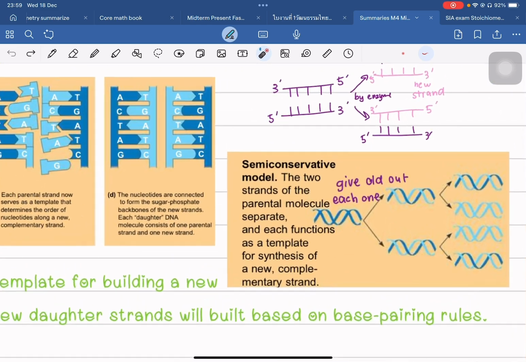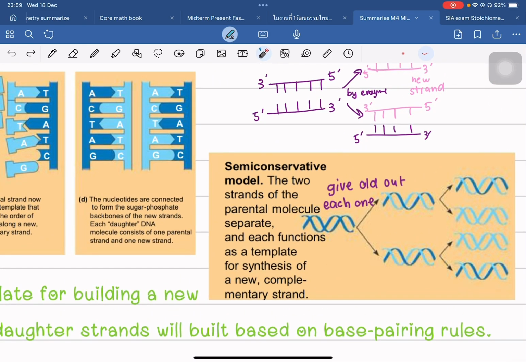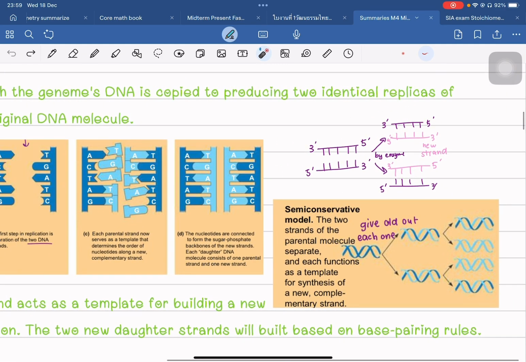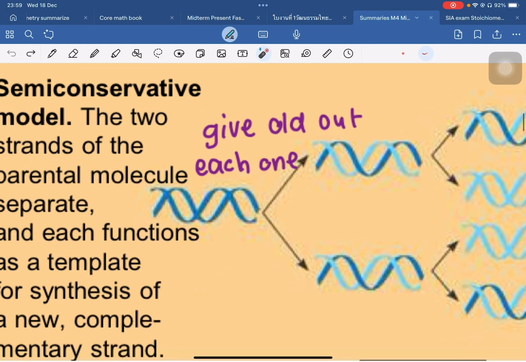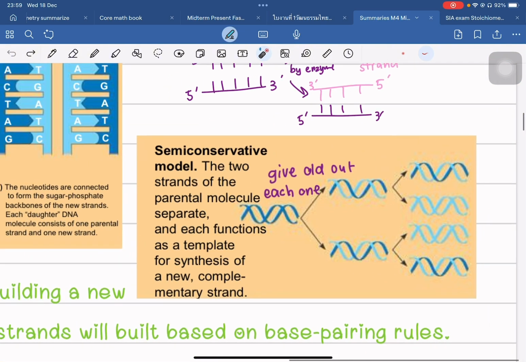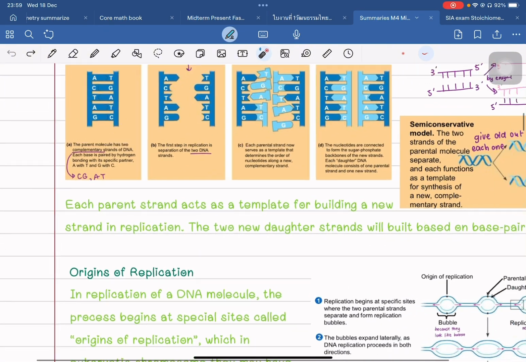When the DNA produces 2 identical replicates, each daughter cell gets one strand of the original DNA. This is the old strand from the original, and they make the new strand, the copy strand.